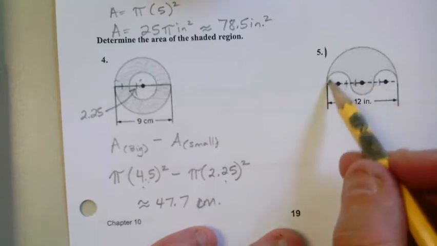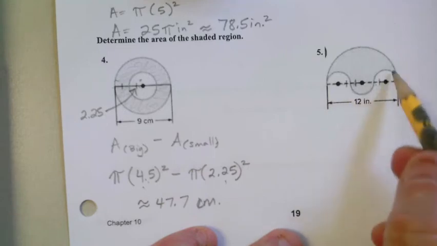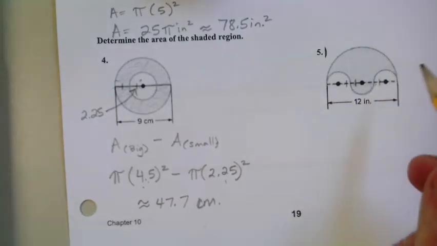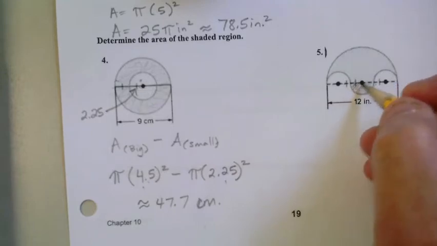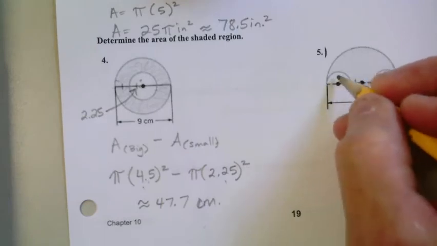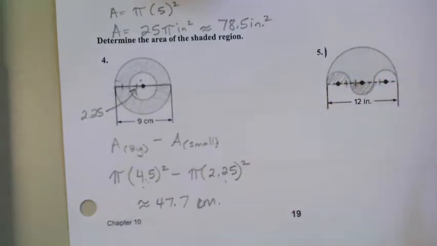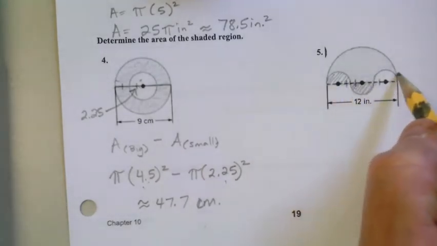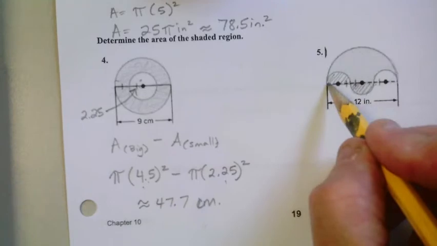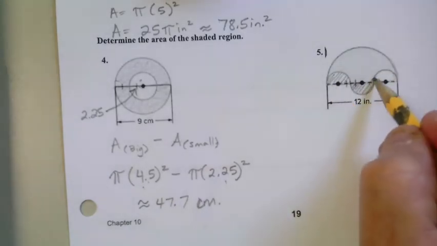And so this is a half circle here, a half circle here, and this is a half circle here. They're all congruent to each other. So I guess what I'm thinking is if I take this half circle right here and rotate it around this point 180 degrees, it will become this half circle right here. Okay? And so with that understanding, let's take the area of this half circle and subtract out the area of this half circle.